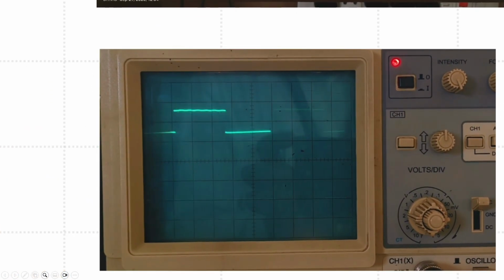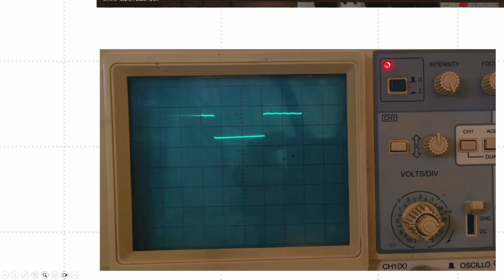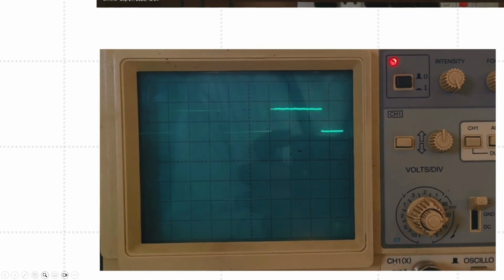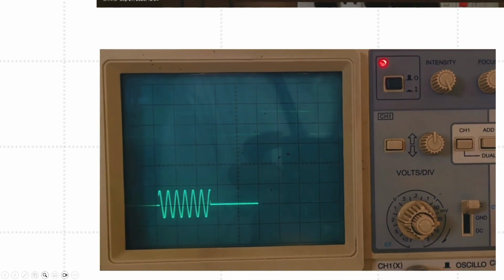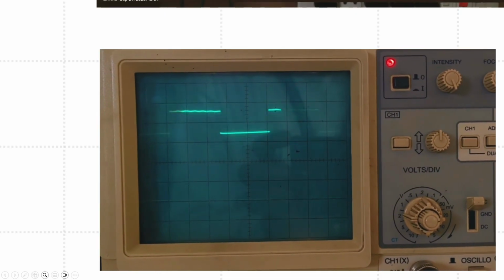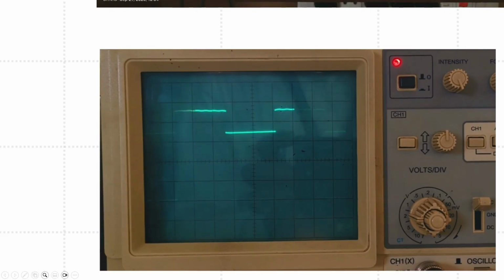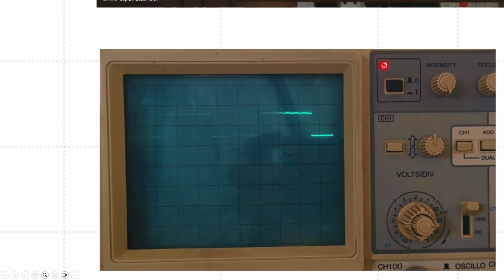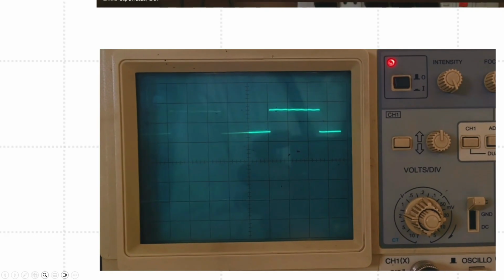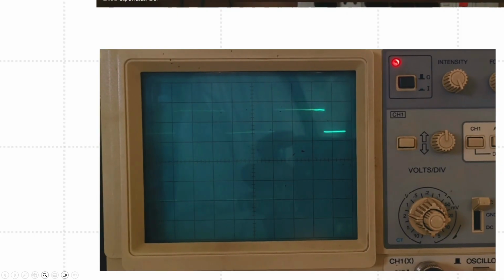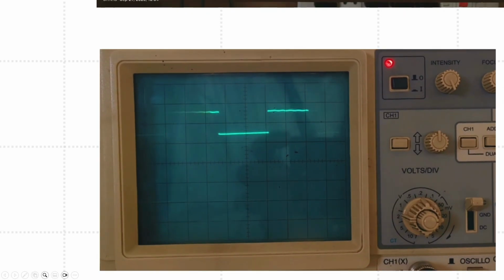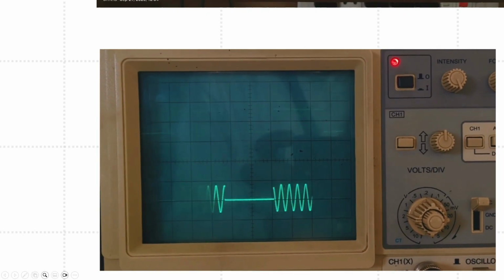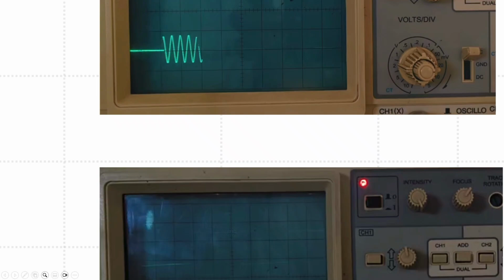This is nothing but our TB duration. Binary 1 is for 5 millisecond and binary 0 is for 5 millisecond. There are 5 cycles of carrier present in 5 millisecond that you have to note. Whenever 0 is transmitted, we are not transmitting any carrier signal.